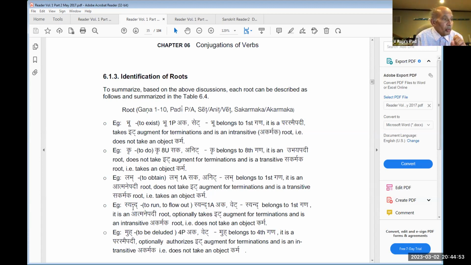And so muh, to be deluded, moha. It comes as a fourth gana root, and it also comes as a second gana root. You heard about mugdha, mohana saundarya.